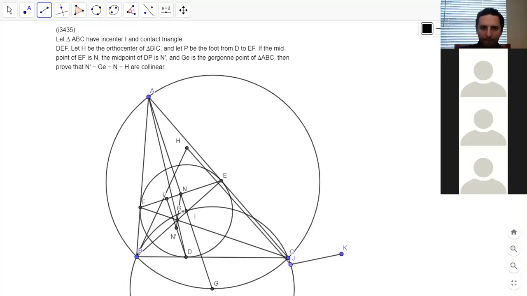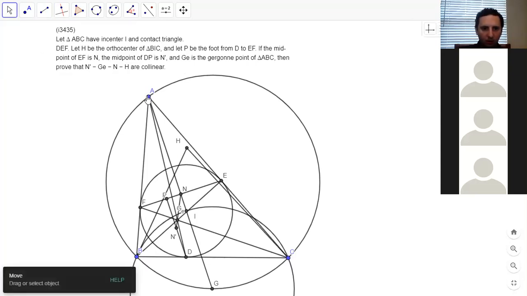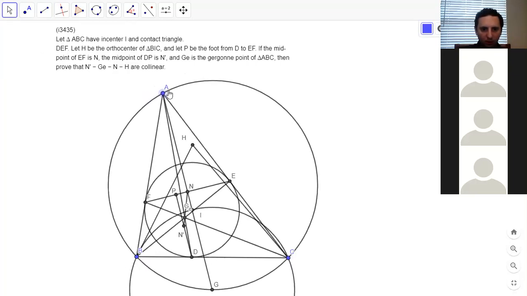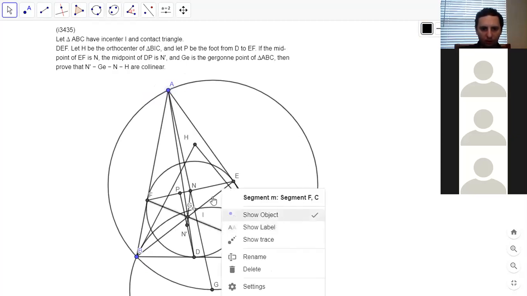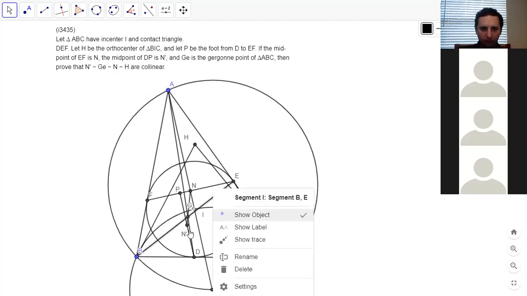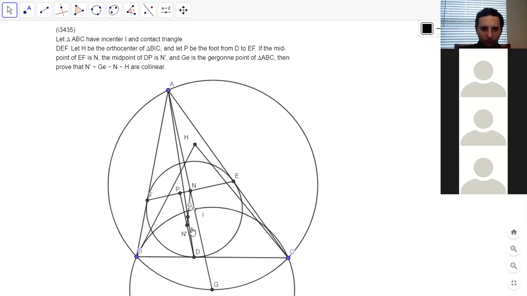Oops, sorry. Also, can you delete segments BE and CF? We don't need the Gergonne point. Okay. And AB too. Yeah, we don't need that point anymore.